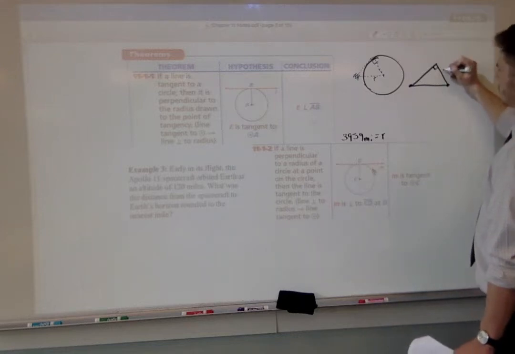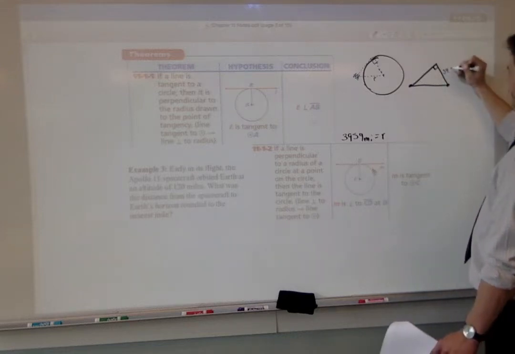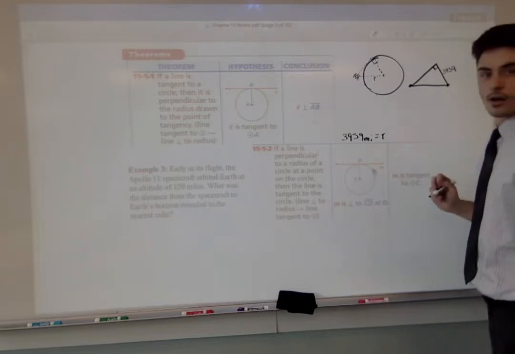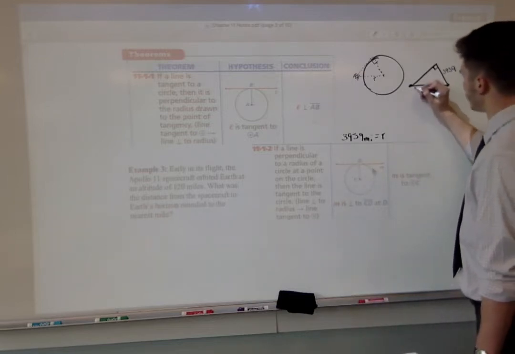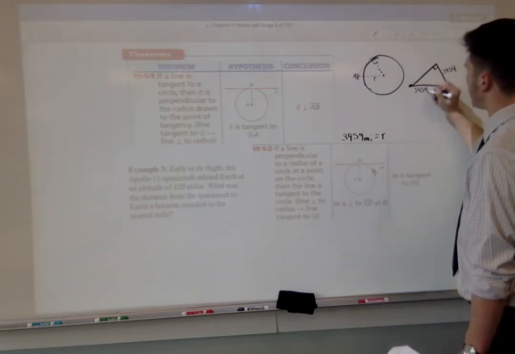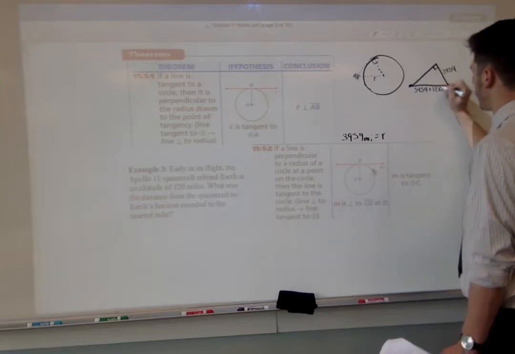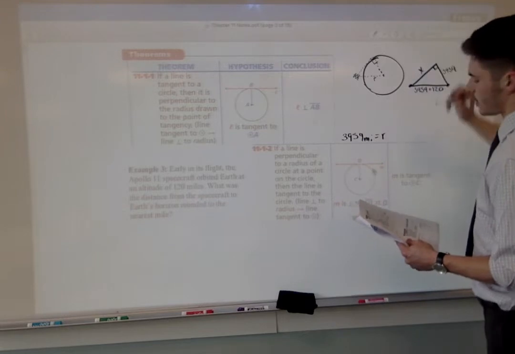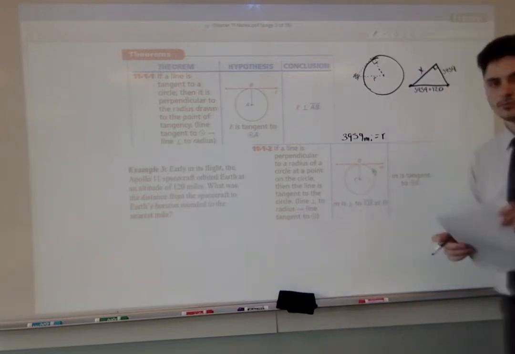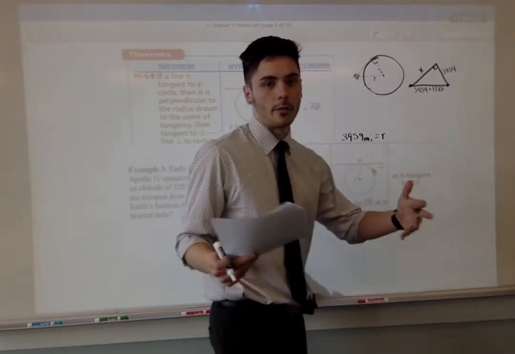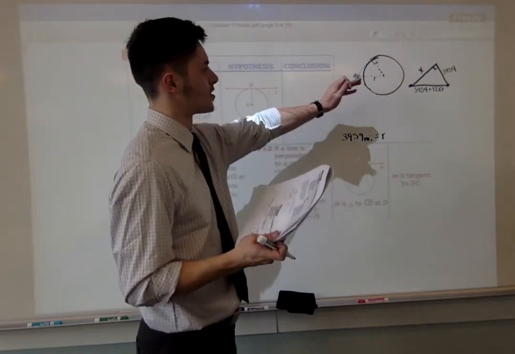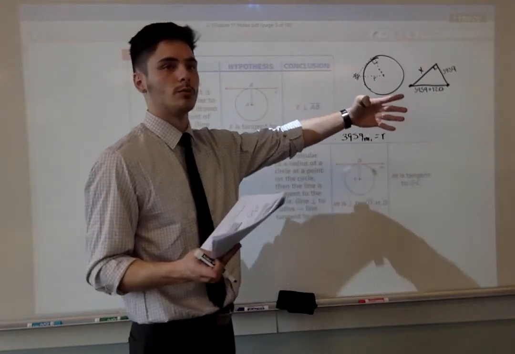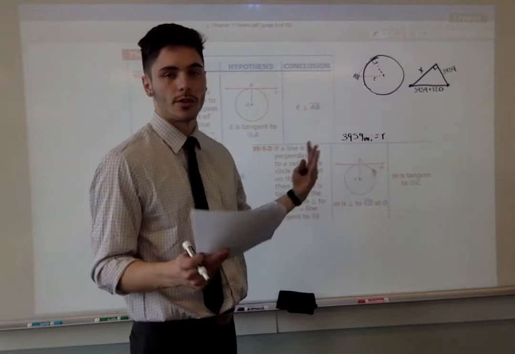So we know that this length is 3,959. We know that this length is 3,959 plus 120. And we're trying to find this measurement here. And so look at that. Based on this situation, we've drawn up a problem that we can address with things that we already know.